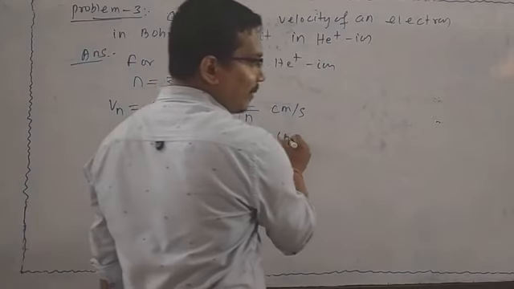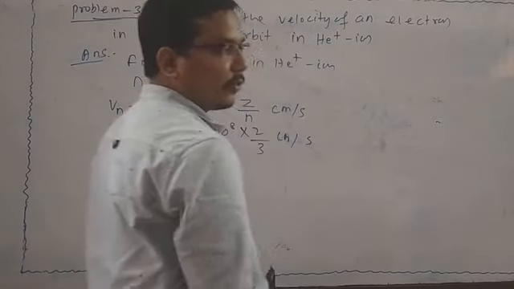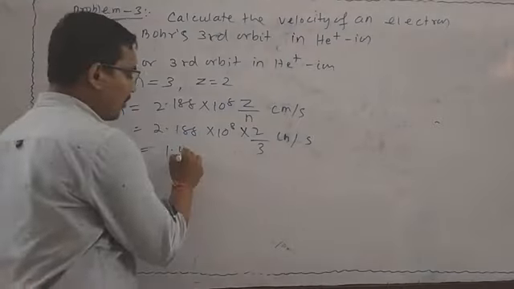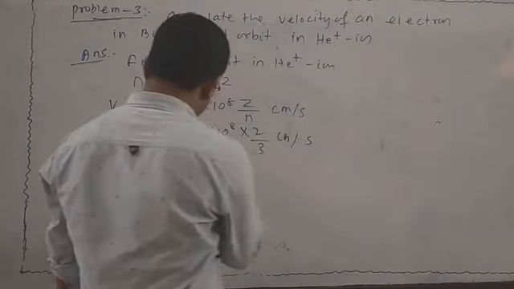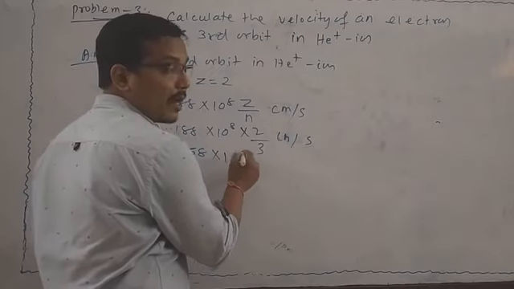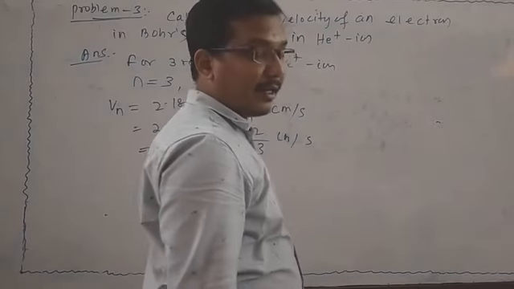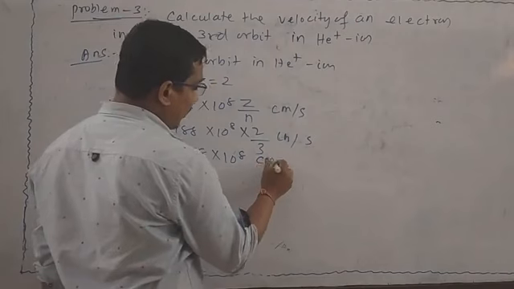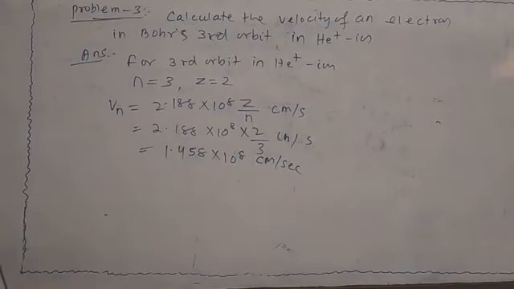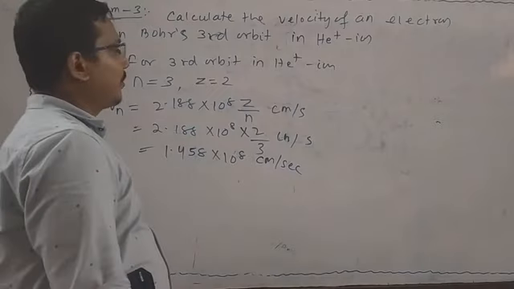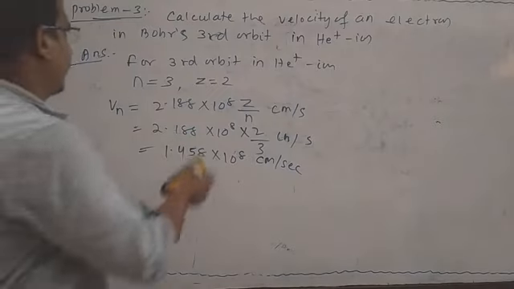That is centimeter per second. And you want to solve this. That is your 1.458 into 10 to the power 8 centimeter per second, the velocity of an electron present in third orbit of He plus ion.